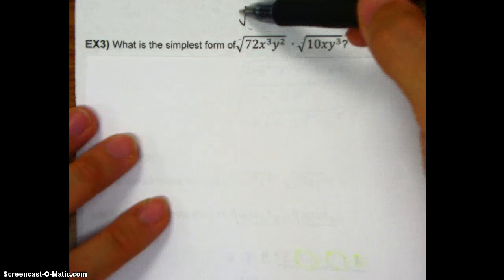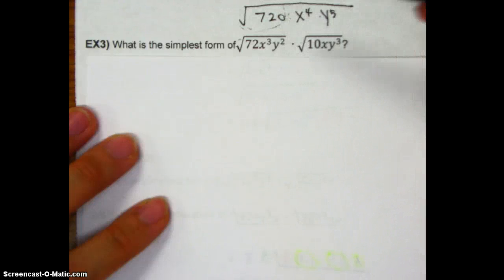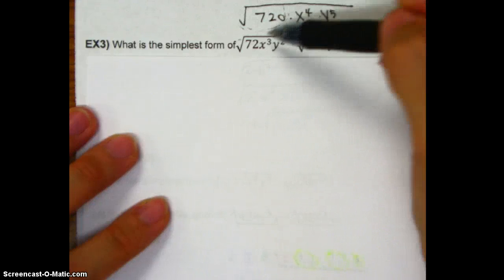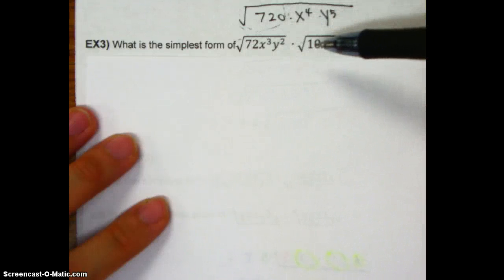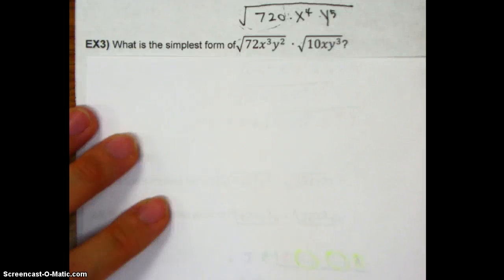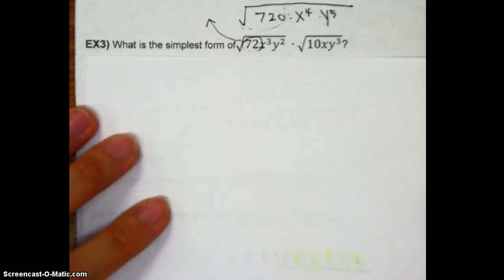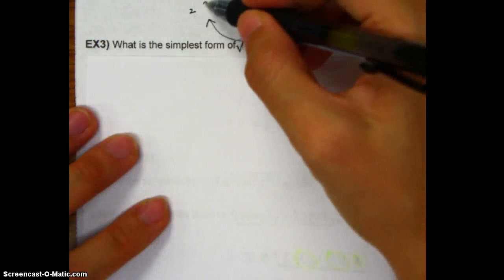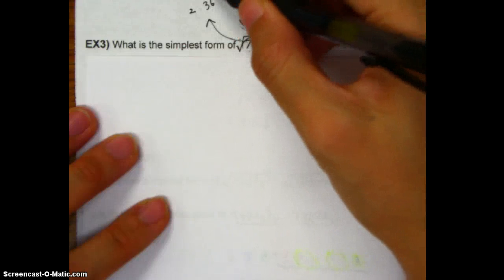But it gives me a headache to try to simplify this big number. So instead of doing that, I'm just going to break down the numbers 72 and 10 right away from the beginning so that you don't have to deal with this big number. If you think about 72, what times what is 72? Well, 2 times 36 is 72, and we know 36 is 6 times 6.